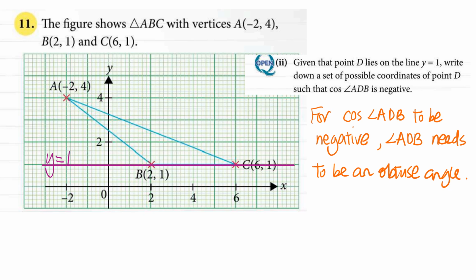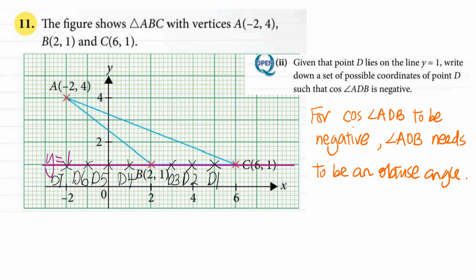Let's indicate some possible positions of point D. D could be here, it could be here, or here.